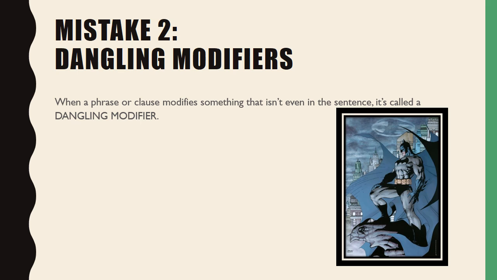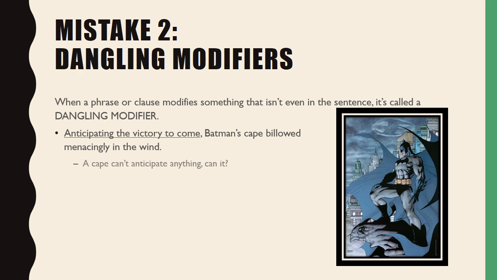If we look at this example, "Anticipating the victory to come, Batman's cape billowed menacingly in the wind," people would read this and say, wait, what is anticipating the victory to come? That's our modifier, right? A cape can't anticipate anything, can it?